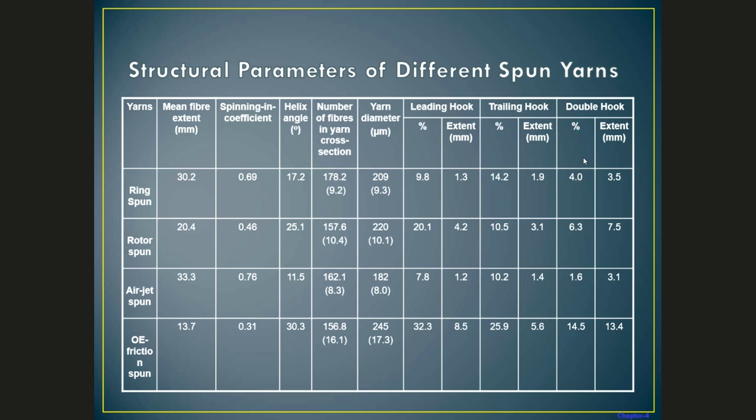Because another aspect of yarn structure is coming out. Suppose in between two fibers, what is the average value of overlapping? Because fibers are falling one over other, they will also get overlapped. So what is the average overlapping?